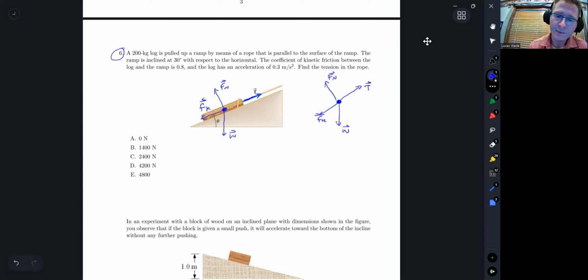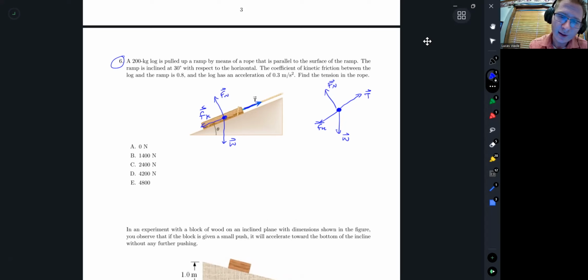So we're expecting that the log has an acceleration of 0.3 meters per second squared. We are expecting that the acceleration should be up the ramp. It's pulled up the ramp, so it'll be convenient to call up the ramp the positive x direction in this case. If it were sliding down the ramp, so there was maybe a pull going that way, then it might be more convenient to call down the ramp the positive x direction. Does everyone see how that can be better?